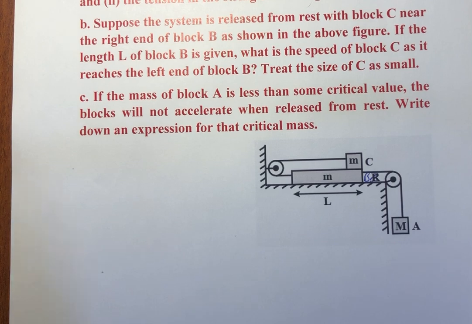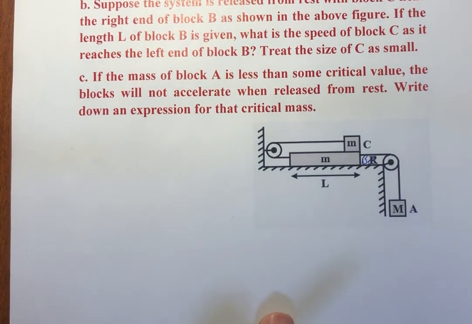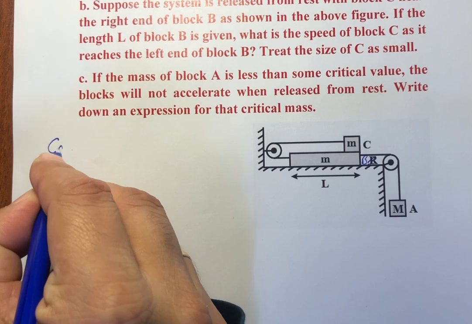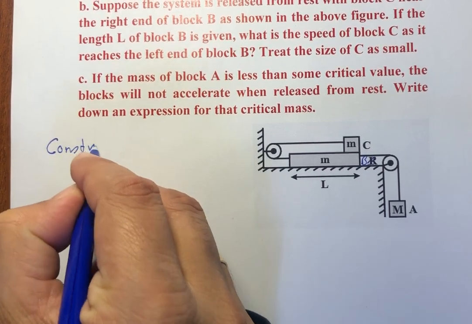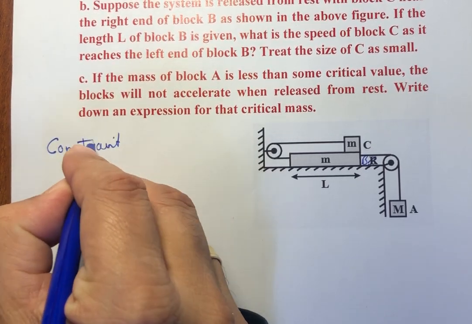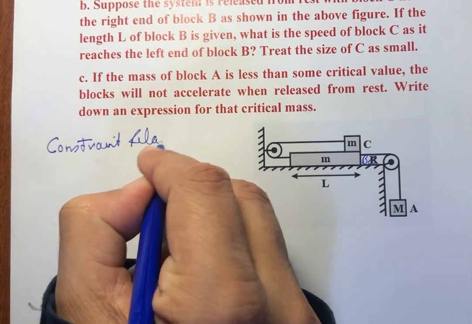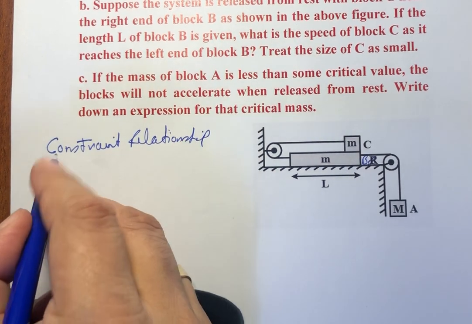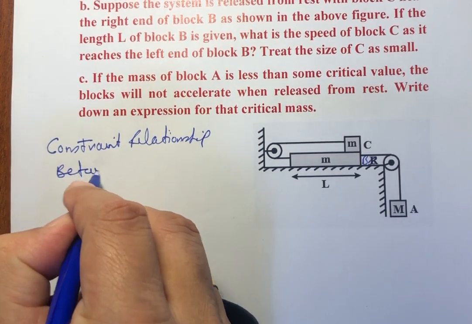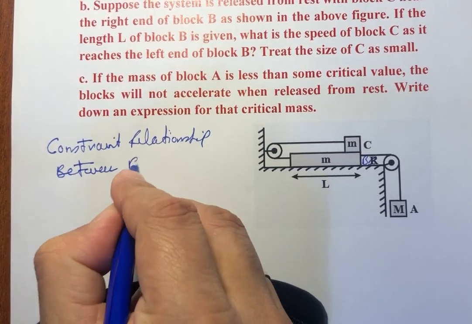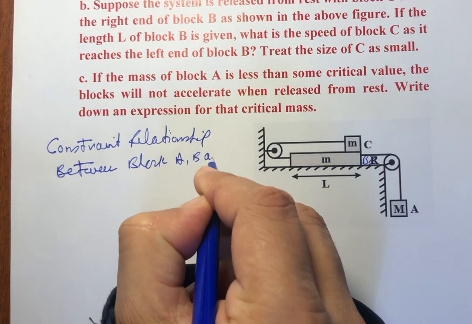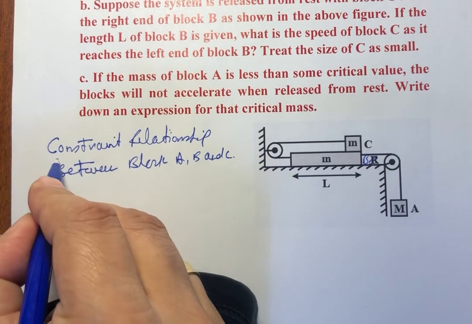So we use constraint relationship between block A, B and C.